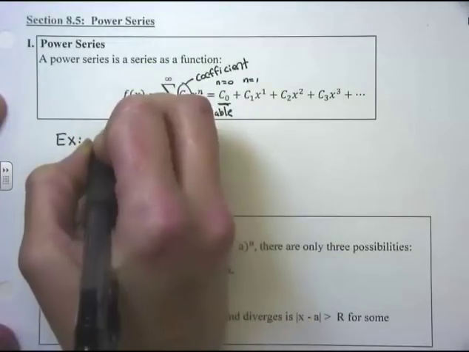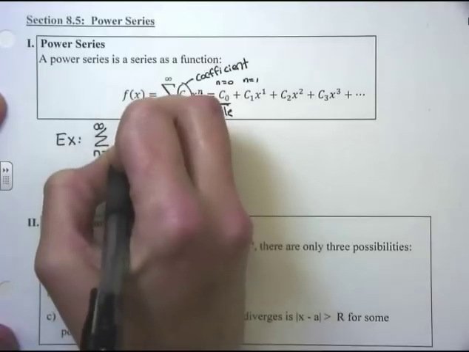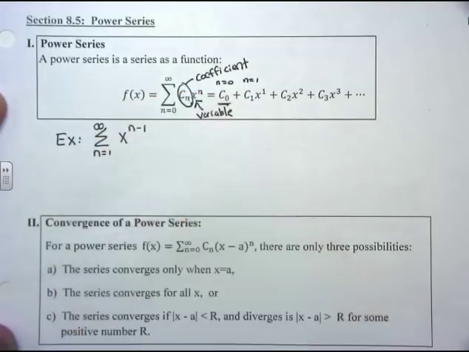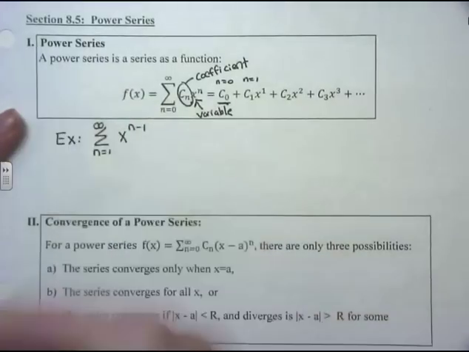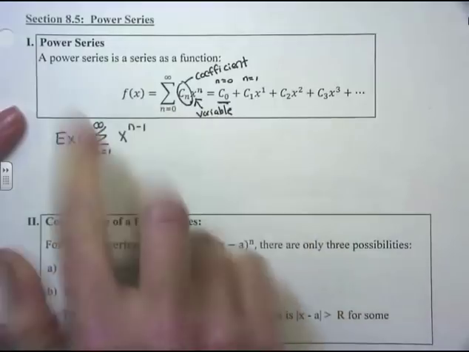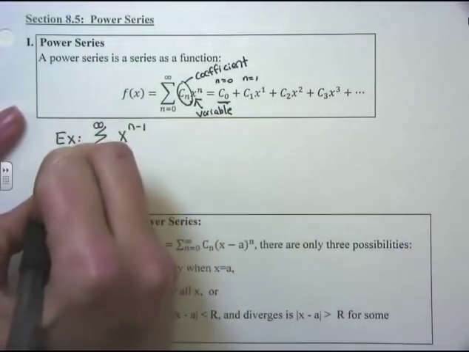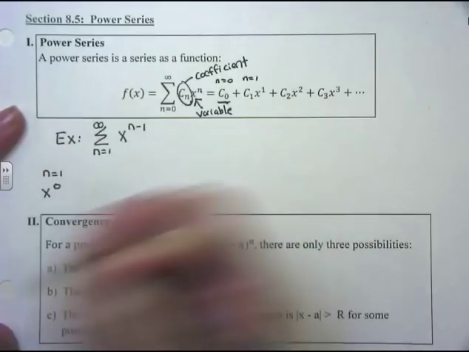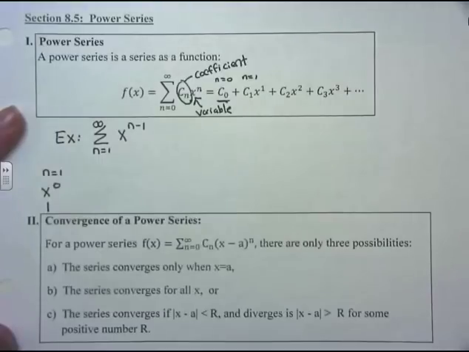So let's consider the series going from 1 up to infinity of x to the n minus 1 power. And I want to take a second and just look at what this would be if I were to expand the series the way that it is now. So notice this summation starts at 1. When n is equal to 1, I would have x to the 1 minus 1, or the 0 power, meaning my first term is just 1.